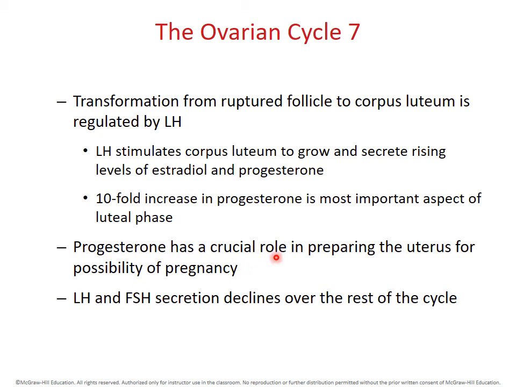Progesterone, of course, is critically important in getting the endometrium of the uterus ready for implantation and pregnancy. At this point, LH and FSH begin to decline because of negative feedback from progesterone and estrogen again. Remember, at lower levels, estrogen has an inhibitory effect on LH and FSH, and progesterone certainly has an inhibitory effect on LH and FSH. That happens over the next few days.